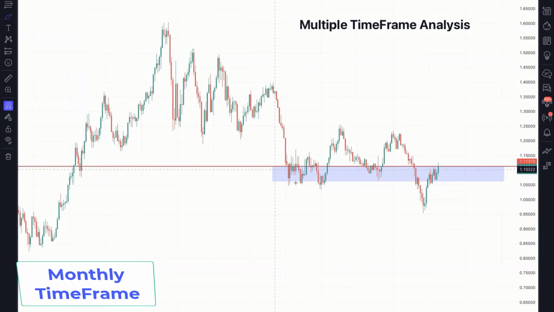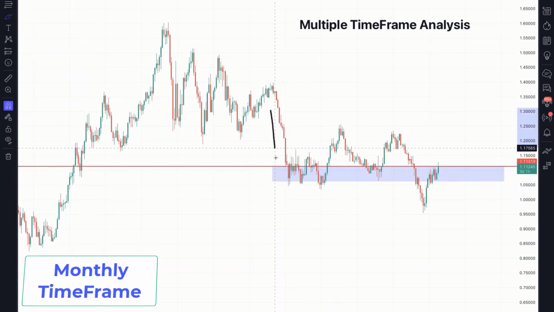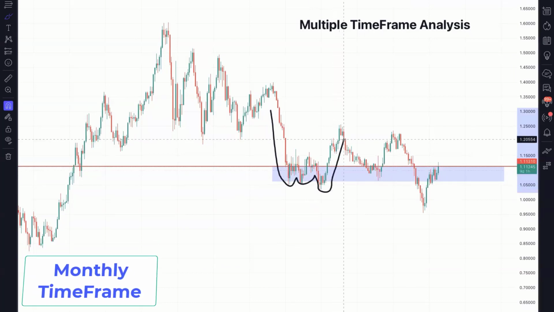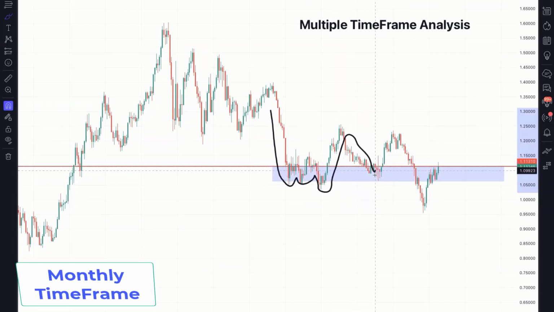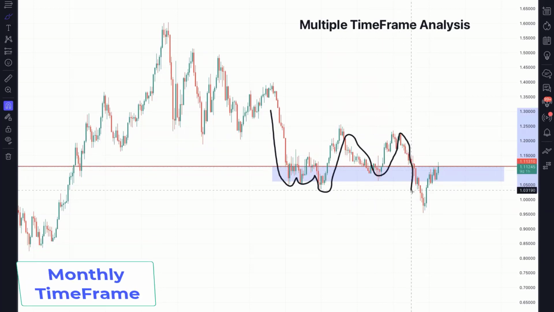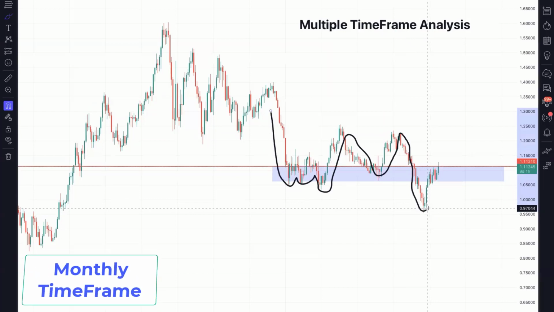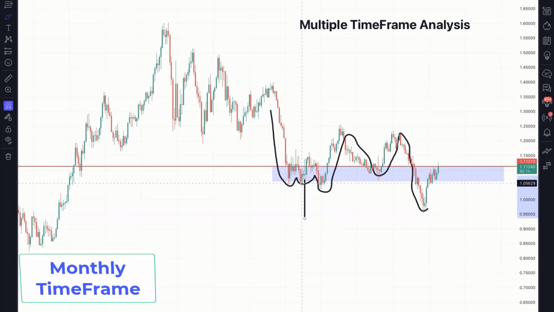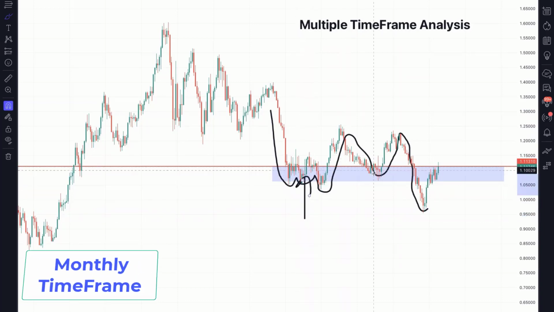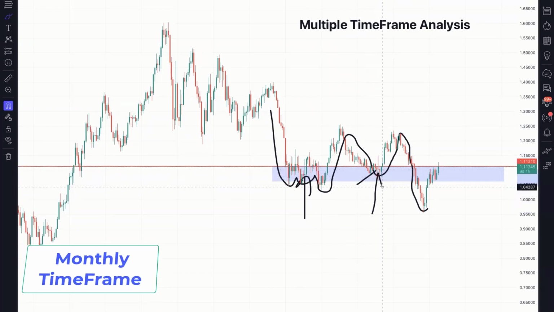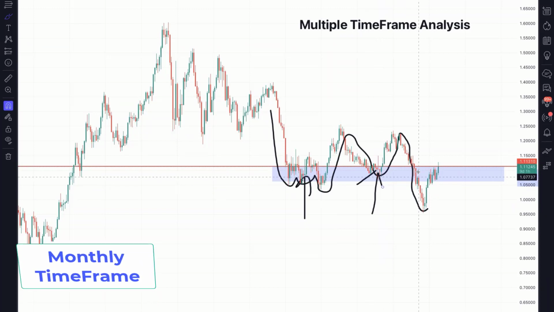Price came from here, rallied here, could not break down further, rallied here and went back up, came down again to test that same region, went back up. Now price finally broke through. Price had created a first footprint here, a second footprint here, but the third move, price broke through it.